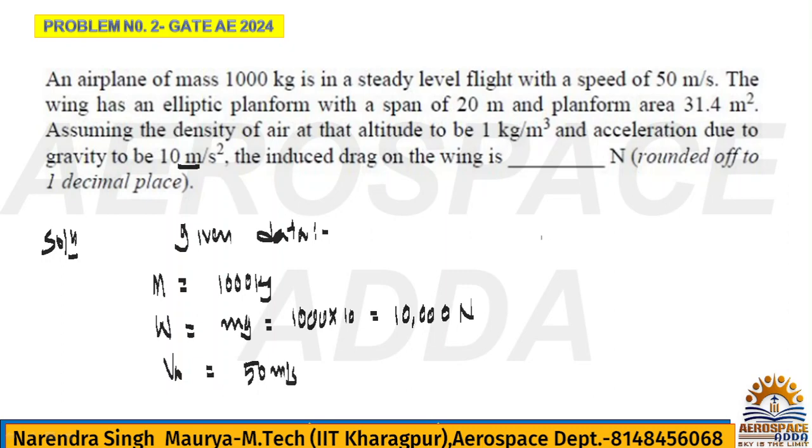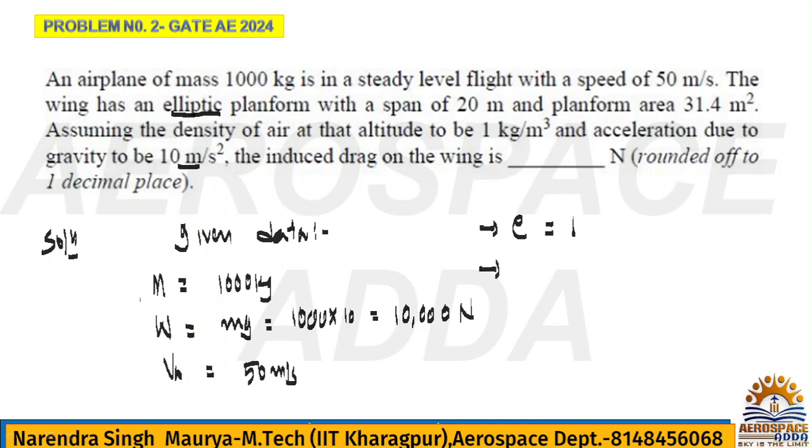And it says clearly here it is the elliptical planform, so the Oswald efficiency e, if you remember, for the elliptical planform it is 1. This you need to remember, that's the reason they have given clearly here elliptical planform. Otherwise the e value they will give to you. If they have given elliptical planform, the job is done, you have to take Oswald efficiency as 1. I will tell you where this Oswald efficiency will come.